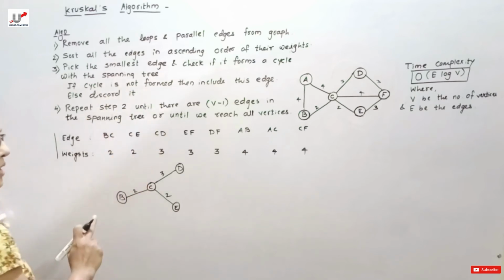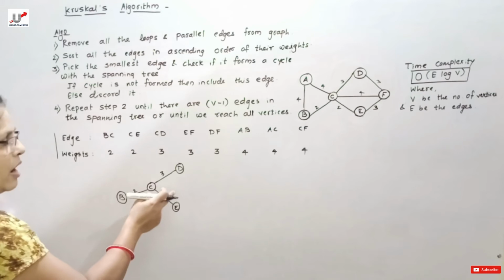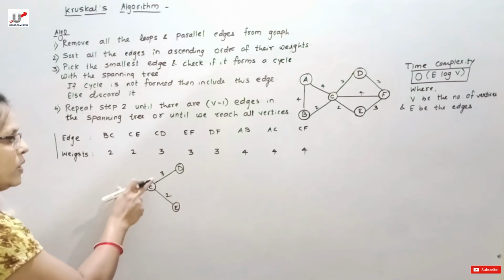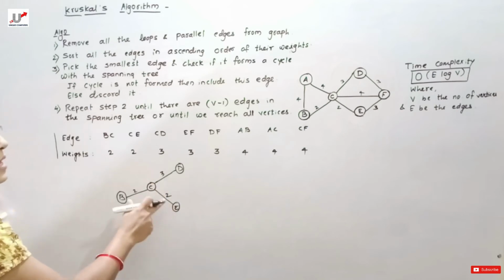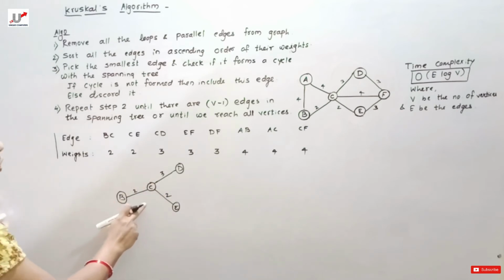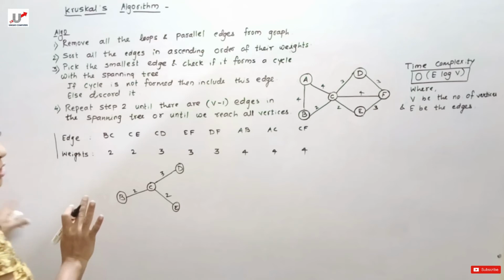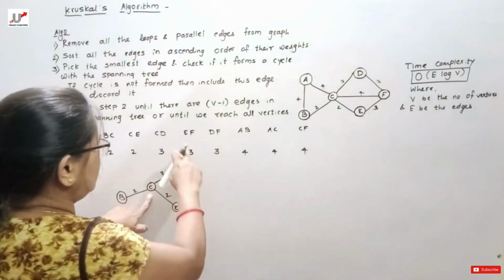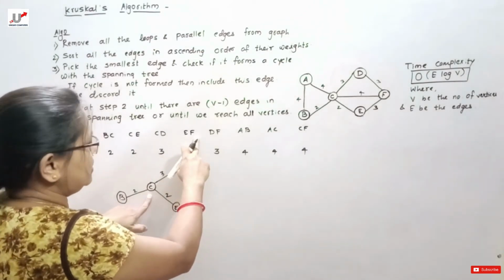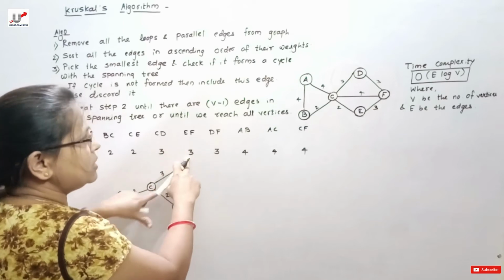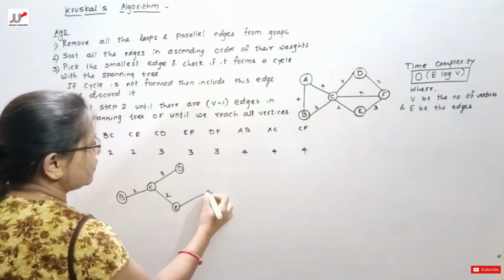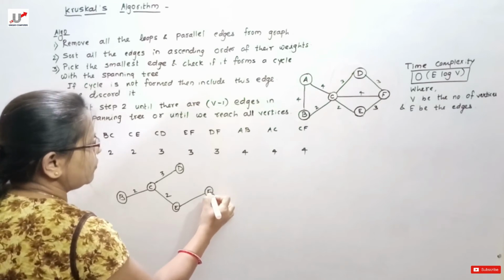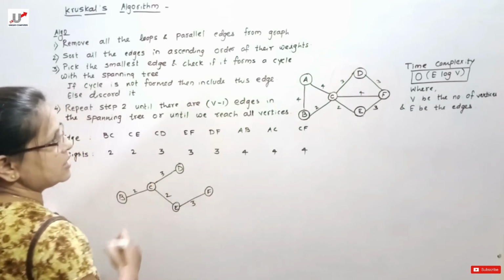If the minimum spanning tree contains a cycle, then you have to discard that edge. Then EF with weight 3.